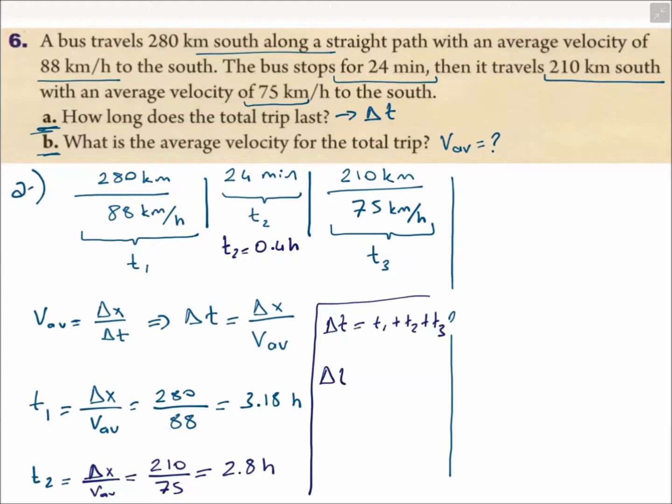So delta t is going to be t1, which is 3.18, plus t2, 0.4, plus t3, 2.8 hour. So finally t is going to be 6.38 hour. Now I'm going to solve the B.